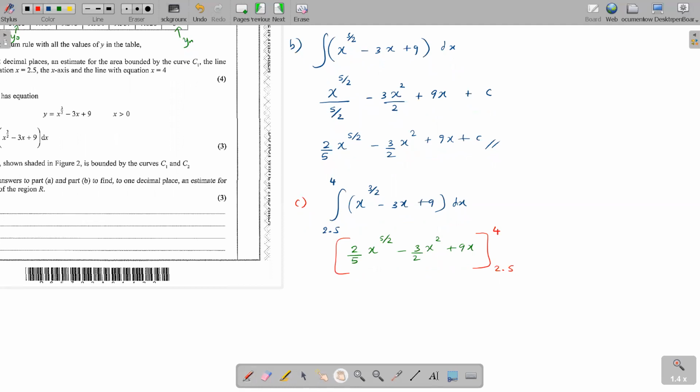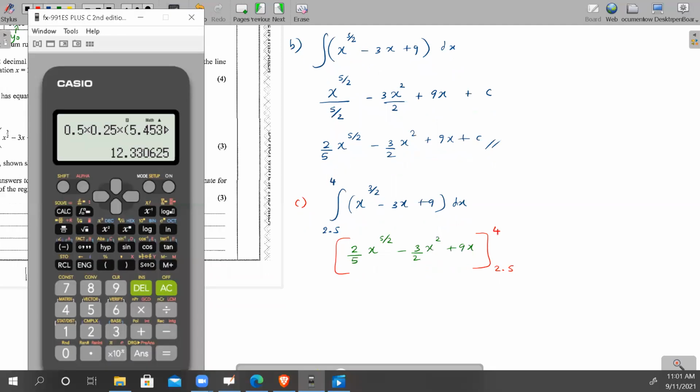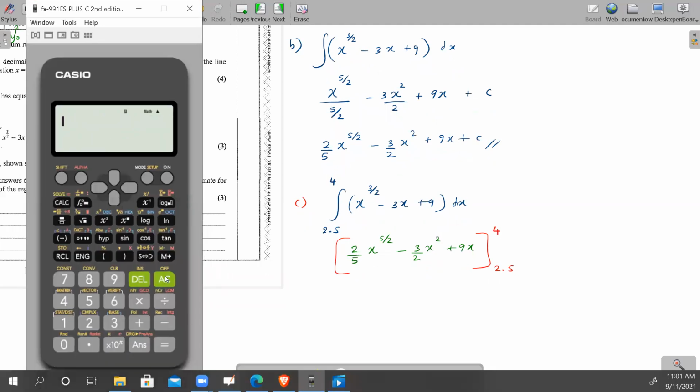So now let's type the whole thing in the calculator. What I prefer to do to save time is type the whole thing in the calculator: 2 over 5 x to the power 5 over 2 minus 3 over 2 times x to the power 2, so x square, plus 9x. So now it's quite easy.